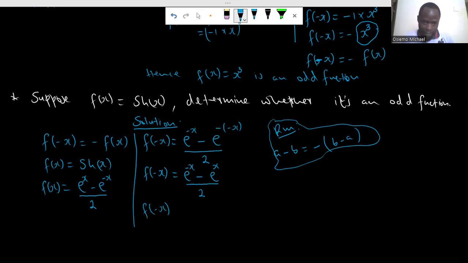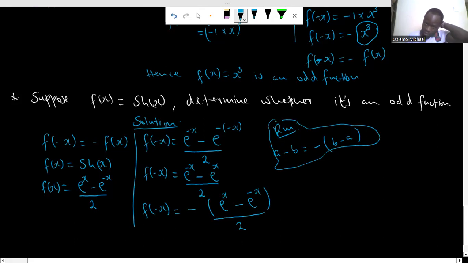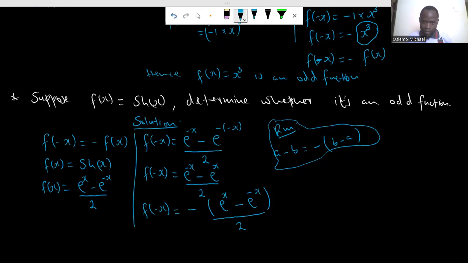negative x is equal to negative into bracket exponential x minus exponential negative x, and over 2. Remember, the sign has only affected the numerator, not the denominator. So this implies that f of negative x is equal to negative.